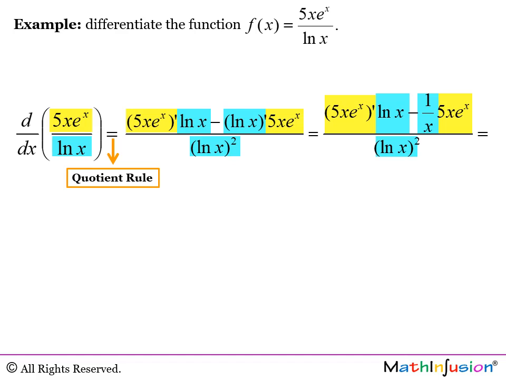You can also use the constant rule if you want, but I will never use two rules. So I'm going to apply the product rule to 5x e to the x, and again, I will take the first function as being 5 times x, so I will not be confused with two rules at the same time.